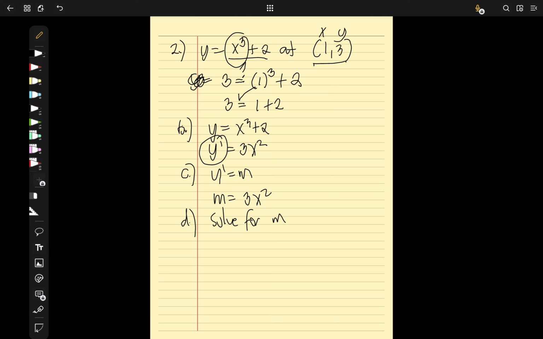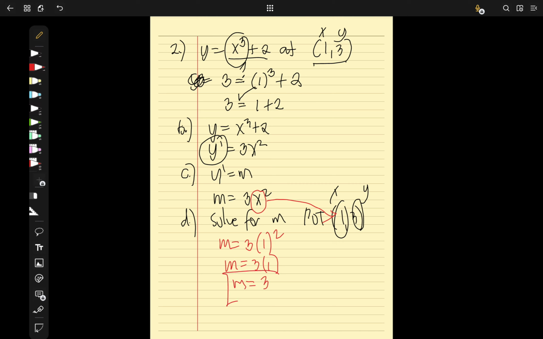Taking note that the point of tangency is 1, 3. So, 1 ang x, yung y is 3. We only have x, siya lang. Ang papalitan natin lang 1. So, m is equal to 3 times 1 squared. Or simply, m is equal to 3 times 1, and 3 times 1 is equal to 3. That is your slope. Okay?